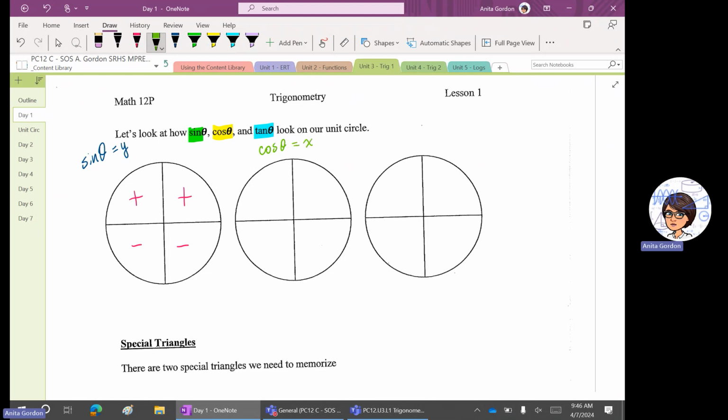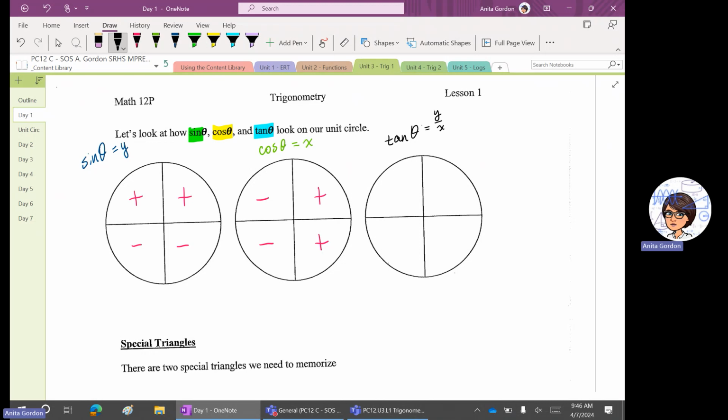When I look at cosine of an angle, this represents the x values. Where are the x values positive? Well, they're positive on the right side of the x-axis, and they're negative on the left side of the x-axis. And then lastly, we have tangent. Tangent is the ratio of y over x.